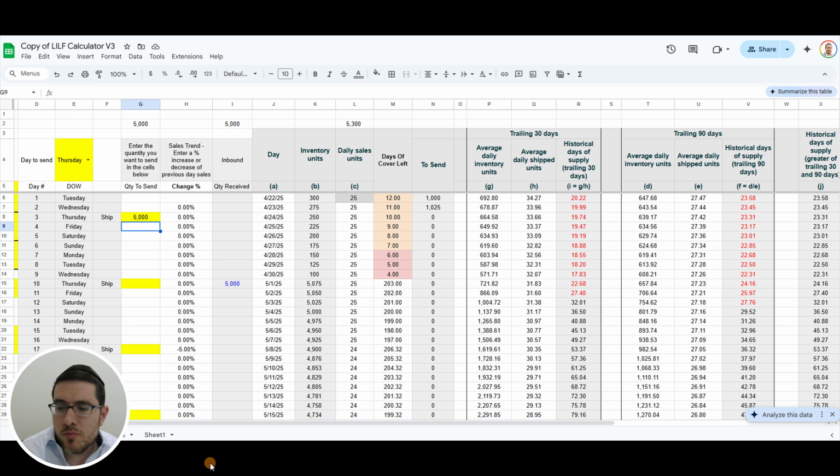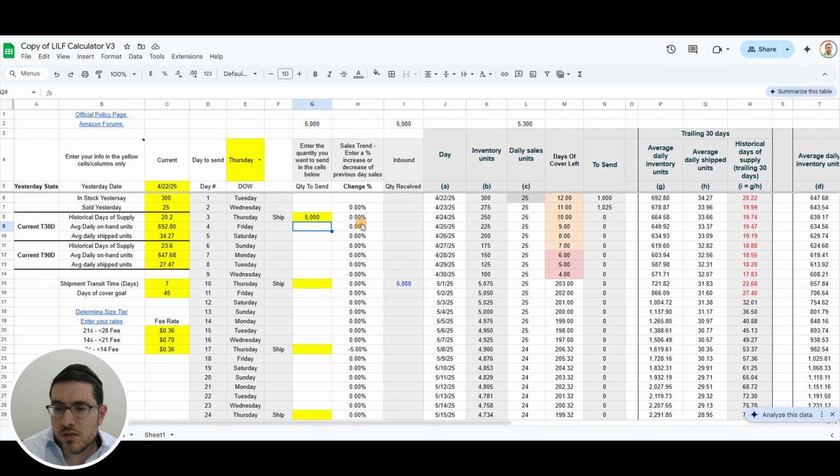Now you know that you're doing marketing, you're doing some activities. This product is going to grow, so you're going to assume that it's going to start selling 10% more, and then another 10% more, and then another 10% more, and you could make a bunch of assumptions here.